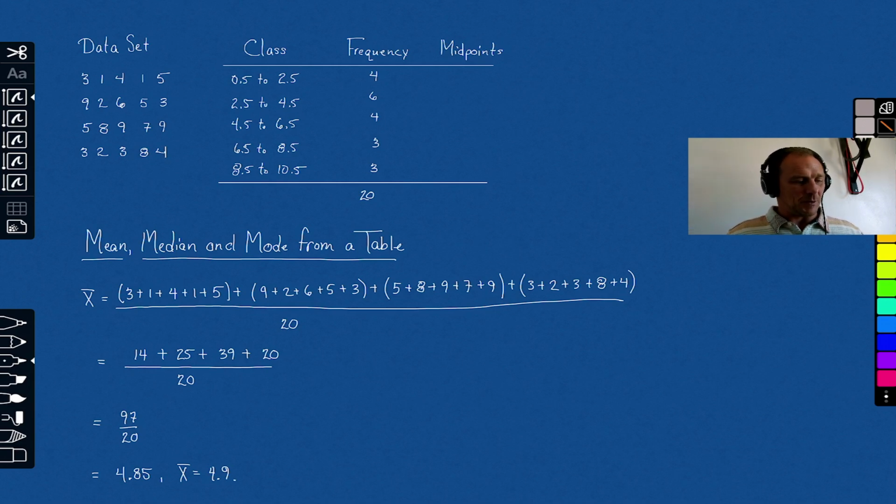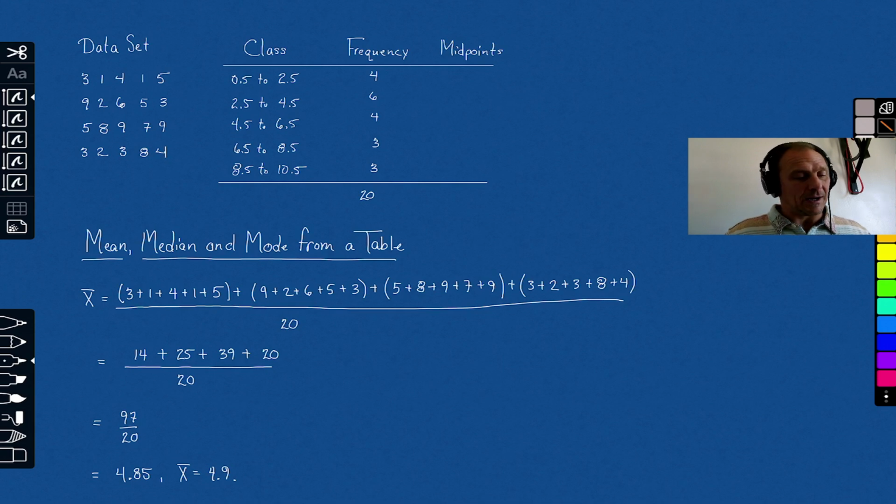Now, let's calculate the mean from the data from our frequency distribution, or our table of data. Well, notice that once we have a table of data, for example, in this first class, we have no idea if the data between 0.5 and 2.5, we don't know if those are all ones, they could be all twos, or they could be a combination of ones and twos.